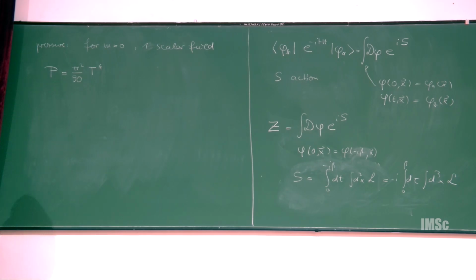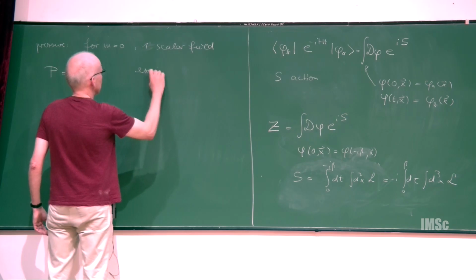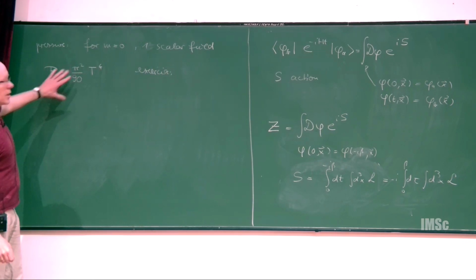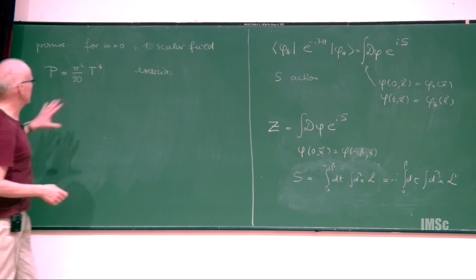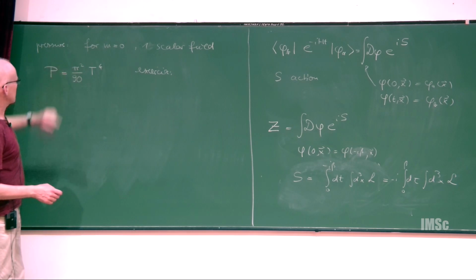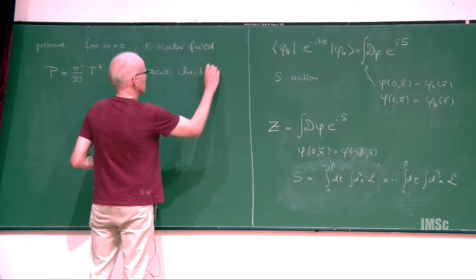The coefficient is pi squared over 90. So that would be one suggested exercise, that you remind yourself how you get this type of expression. There's an integral at the end of the day, and you don't have to do the integral, but just try to get the right integral expression for this. So check this here.